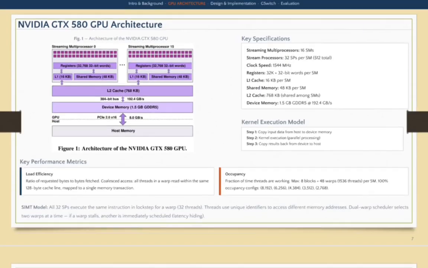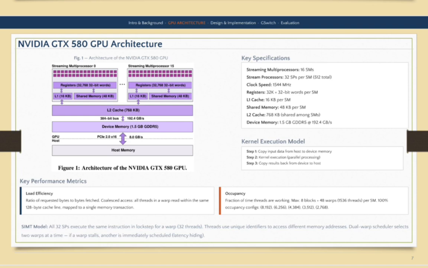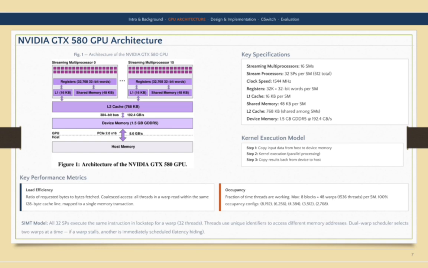7. This slide explains the architecture of the NVIDIA GTX 1080 GPU. The GPU contains multiprocessors with a large total number of processing cores that can execute many threads in parallel. It also includes different memory levels, with shared memory playing an important role in speeding up packet classification.